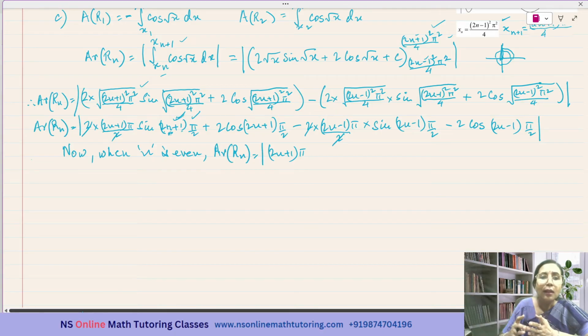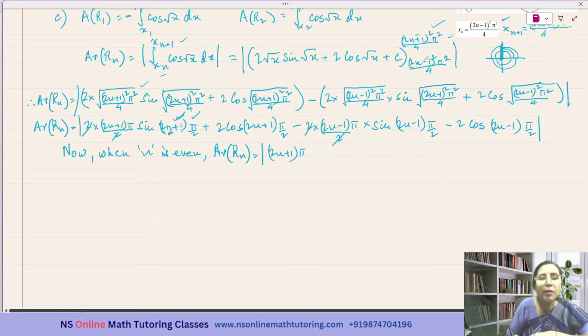Or when n equal to 4, say, 2 times 4 is 8, plus 1, 9. So this was 5 pi over 2, 6 pi over 2, 7 pi over 2, 8 pi over 2, and finally 9 pi over 2. Again, I am coming to this point. So sine of 9 pi over 2 is also equal to positive 1.